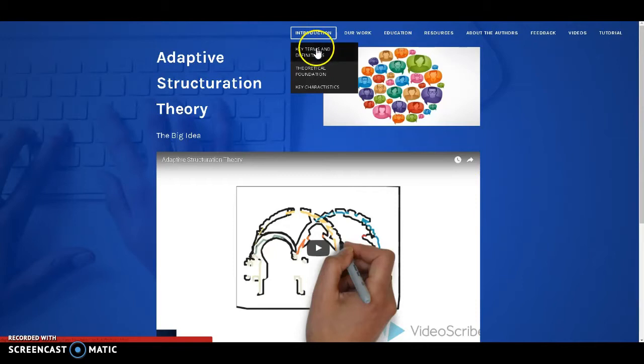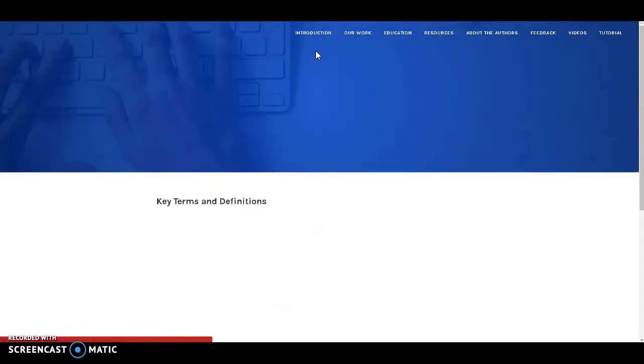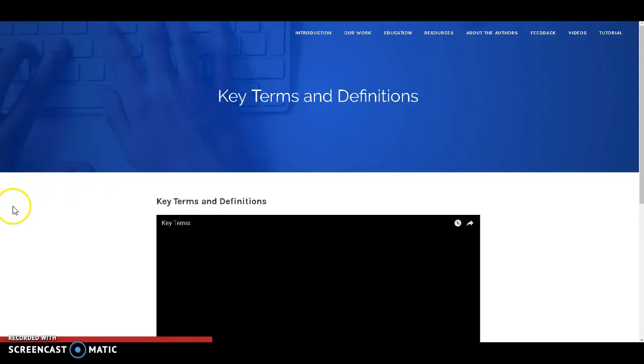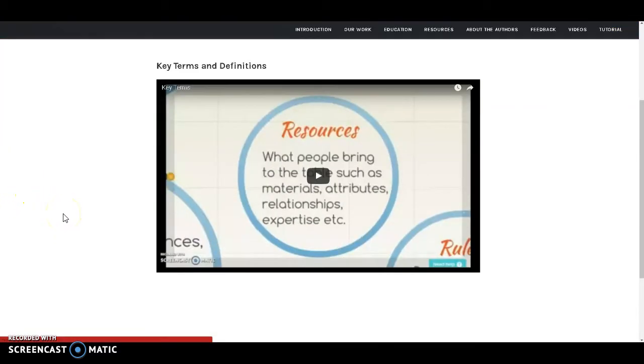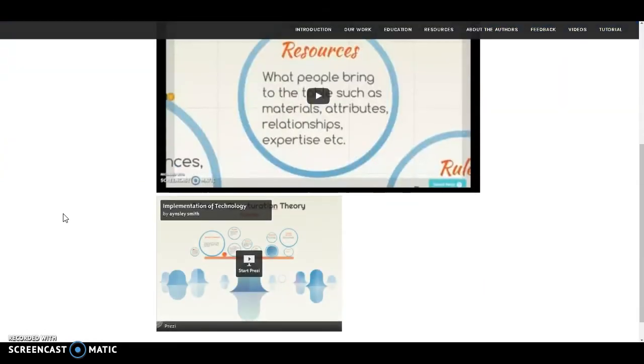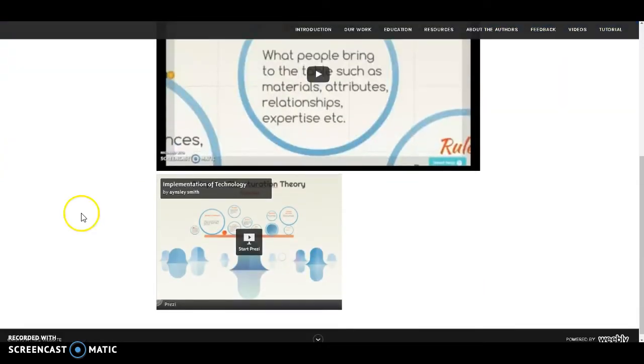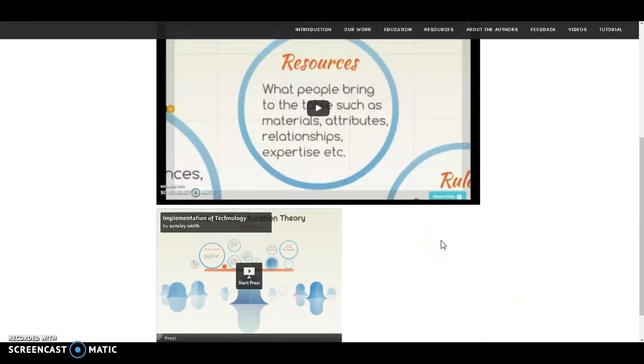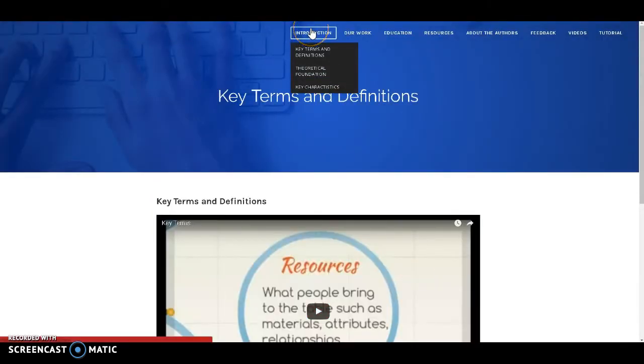The first one is about key terms and definitions, in which you will be provided a video to understand the basic terms and definitions that you should know before you start learning the theory more in depth. You will also be taken to a Prezi page, which will tell you all about the key terms and definitions as well.